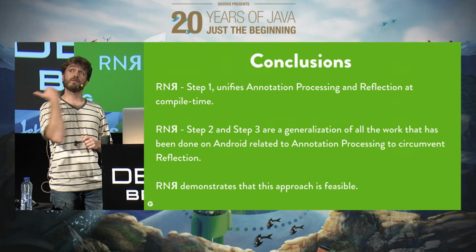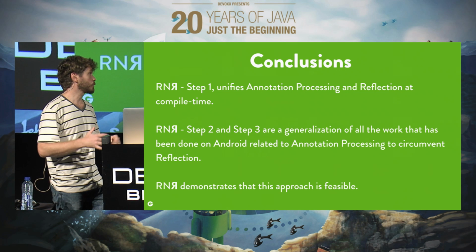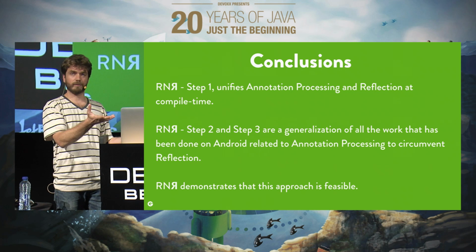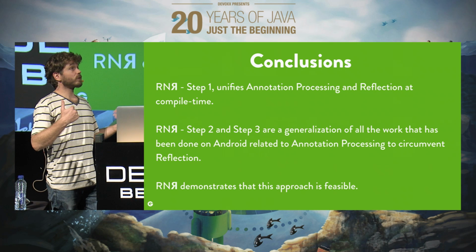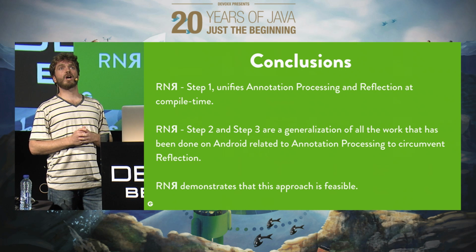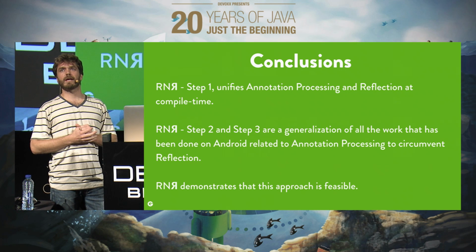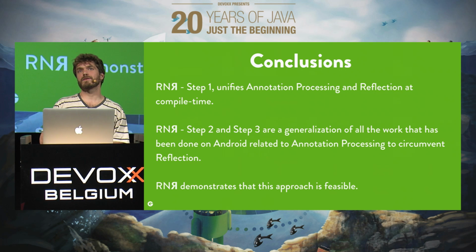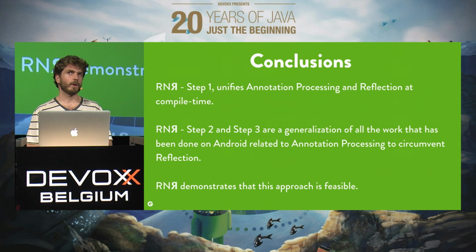It's going to add a lot of methods to your dexes also, making the applications bigger, just to provide a layer of abstraction over reflection. And ultimately, all this complexity will come to like a 30% gain. Not so much. So we demonstrated that this approach is feasible, but we're not so happy about it.